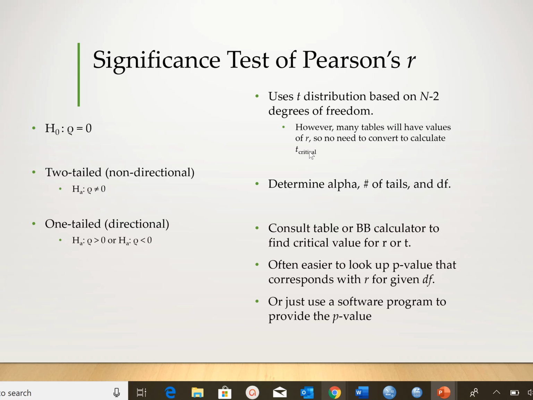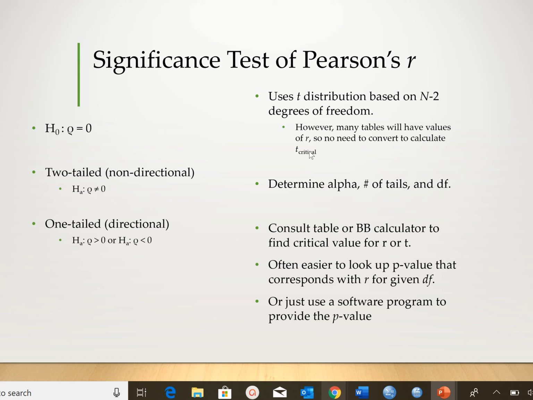And it's done pretty much just like the t-test for comparing the means would be done. You determine the alpha, you determine the number of tails and the degrees of freedom, and then you can look up the p-value and decide if the p-value is lower than alpha. Then you will reject the null and say that there's evidence in support of the alternative hypothesis or evidence in support of the correlation that is detected. If the p-value is too high, it indicates that the correlation that you detected is too likely under the null hypothesis.